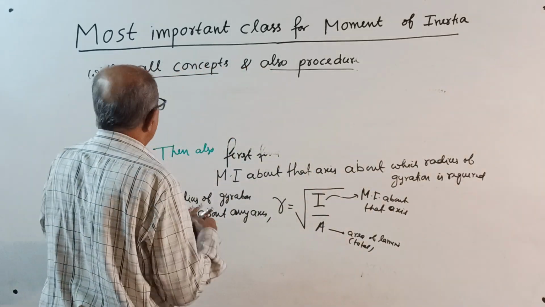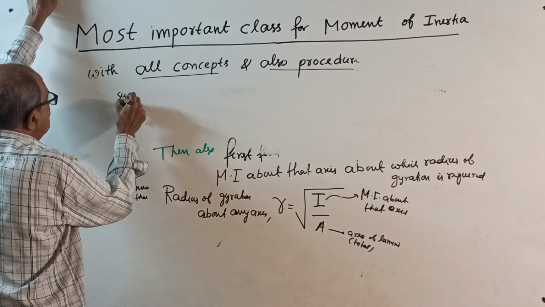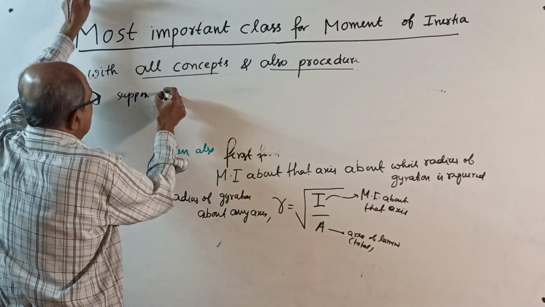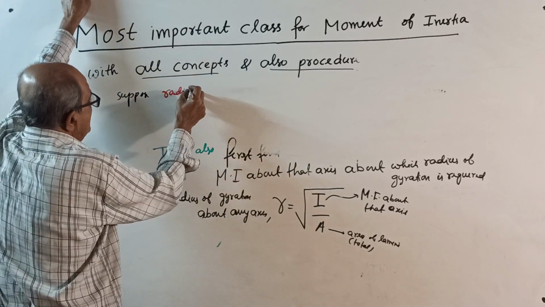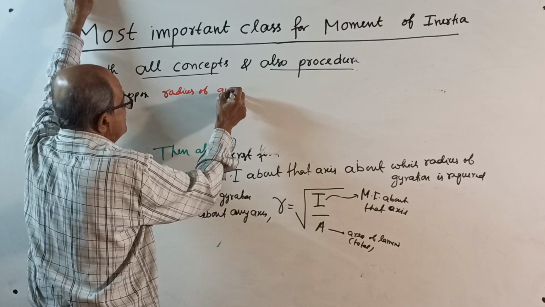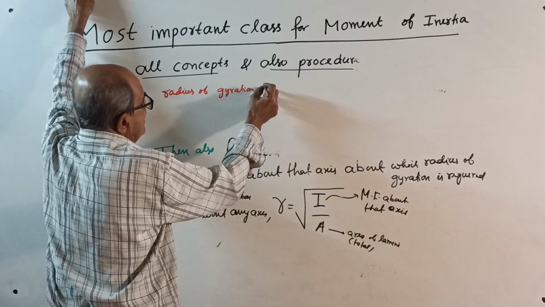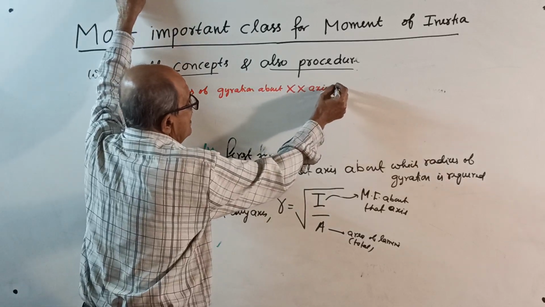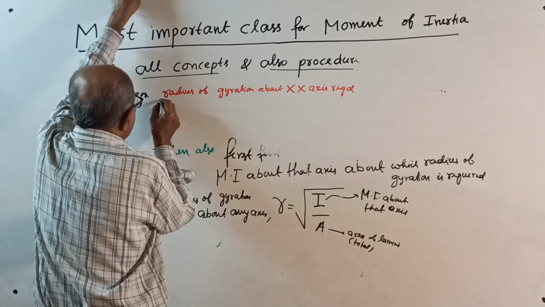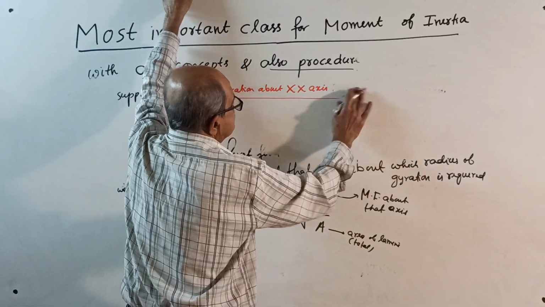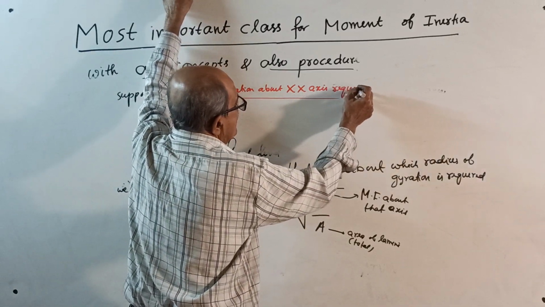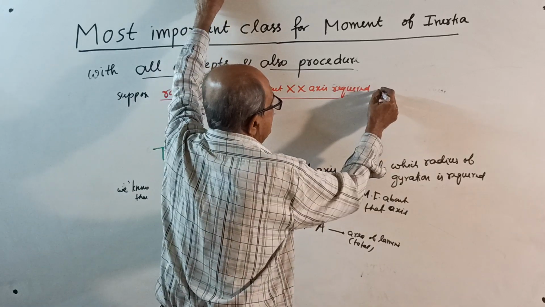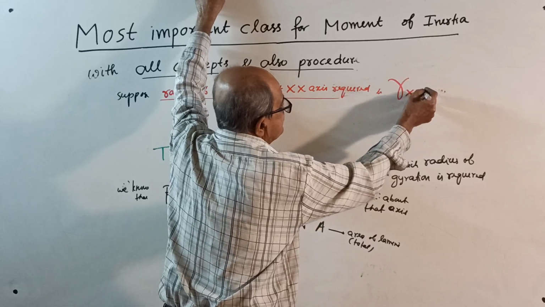Suppose radius of gyration about the xx axis is required. I am rubbing now, you should write. Then that is R about xx. Okay.